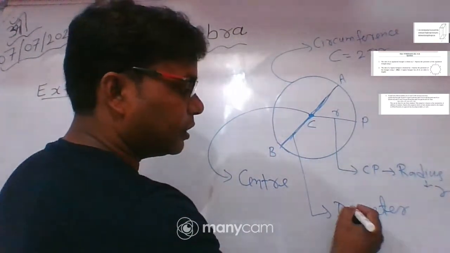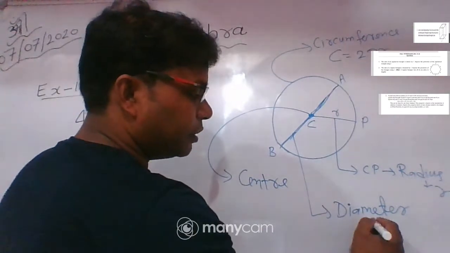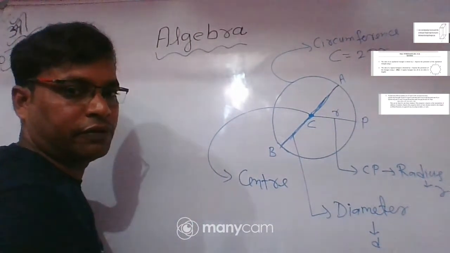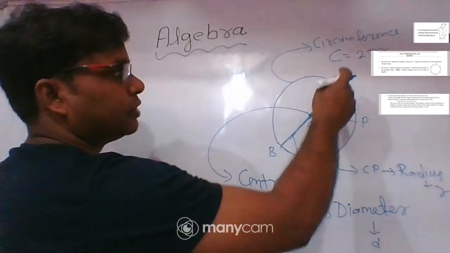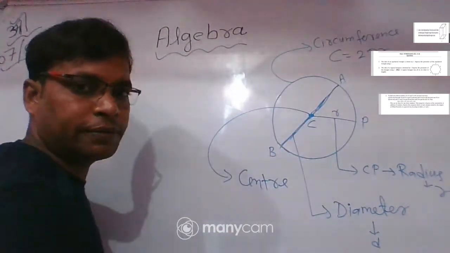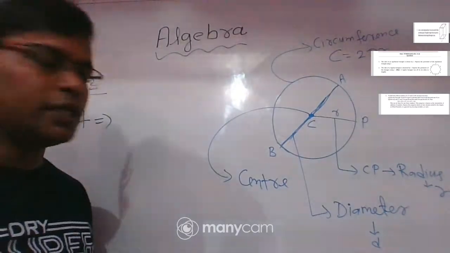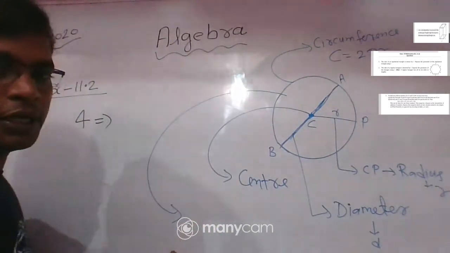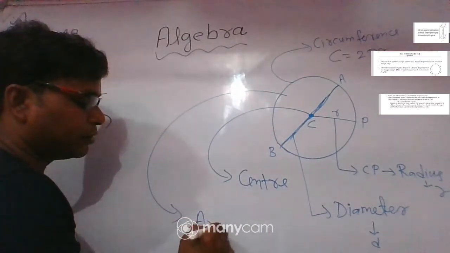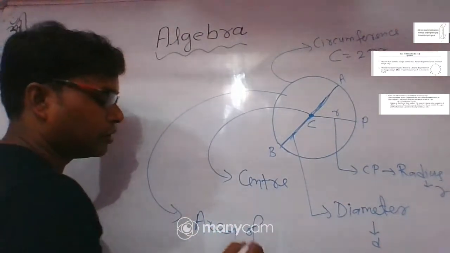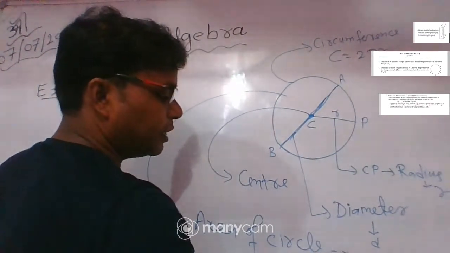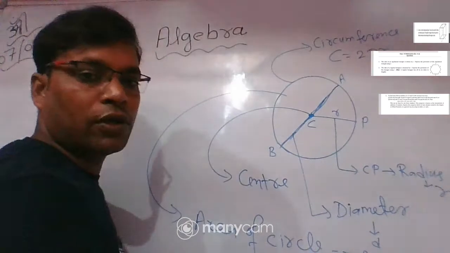And this is the diameter, we denote it by small d or capital D. This is the center. This is the circumference. Okay, this is clear. And area of circle is equal to pi r square. What is pi?